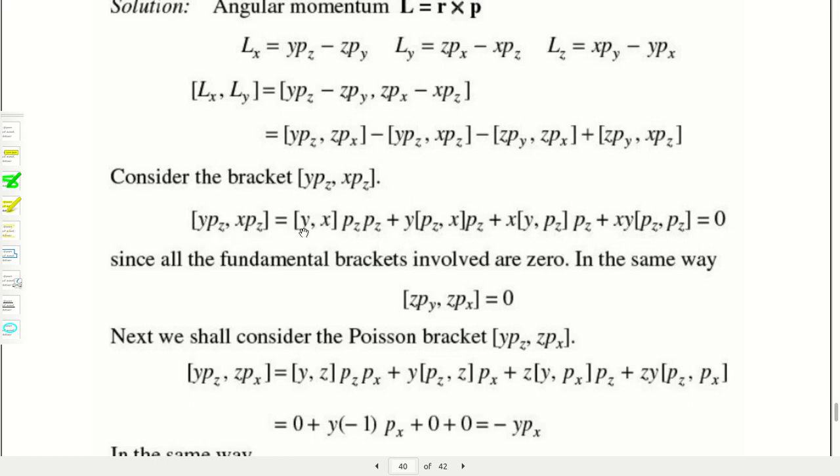Using those 6 identities, it boils down to this. You have to perform the in-between steps on your own to understand how this comes. Just use the distributive and commutative laws, and you will reach this point very easily. The result will be 0 because the commutator bracket of x and pz is 0.